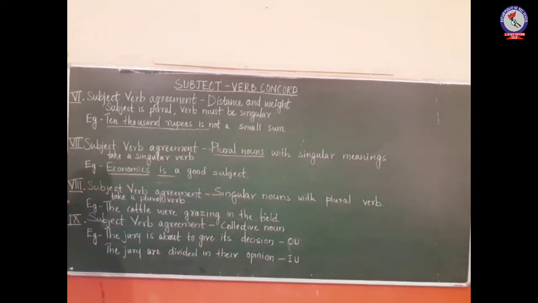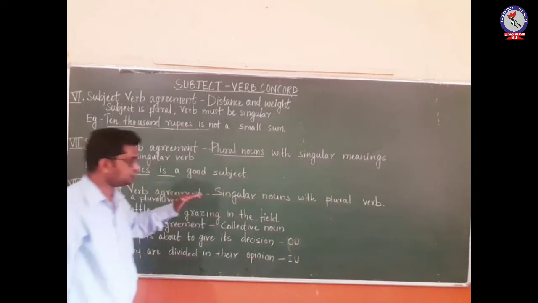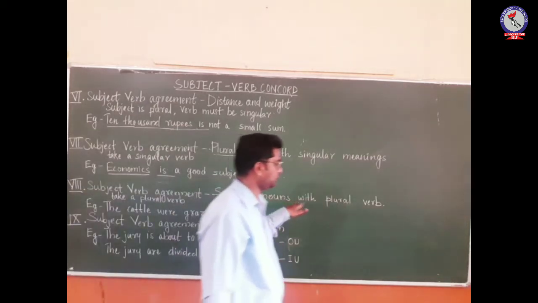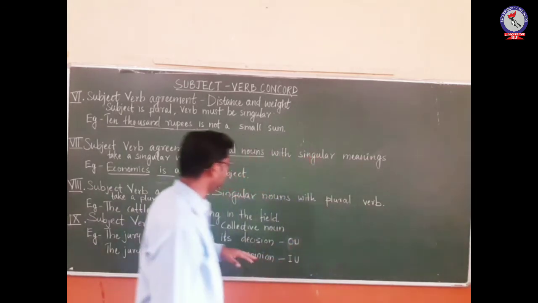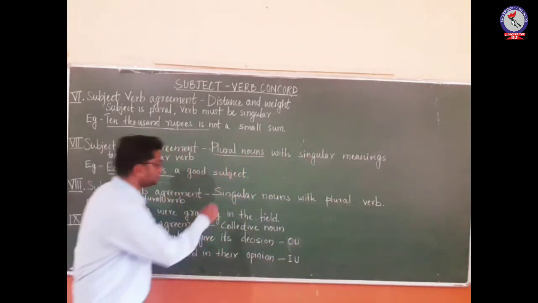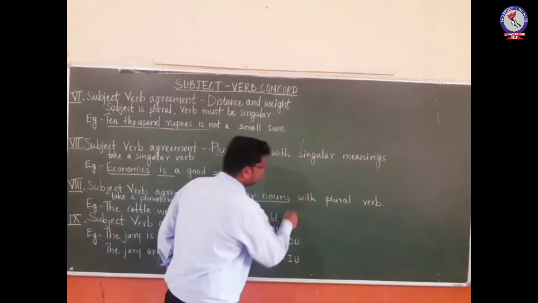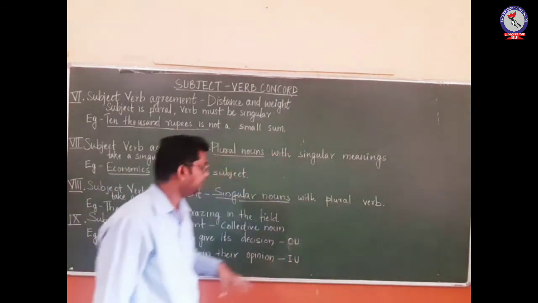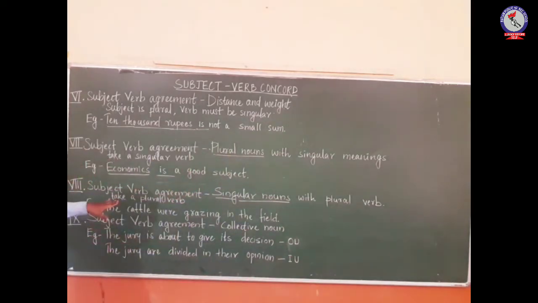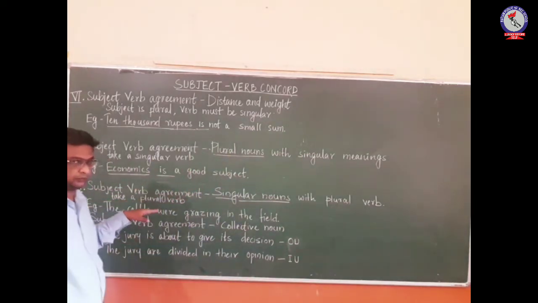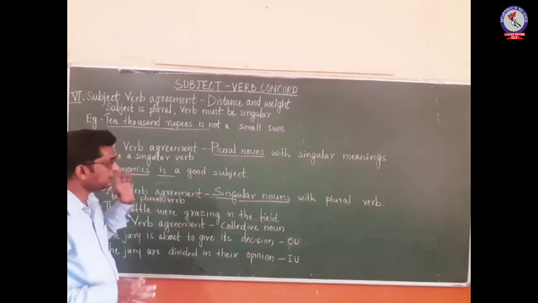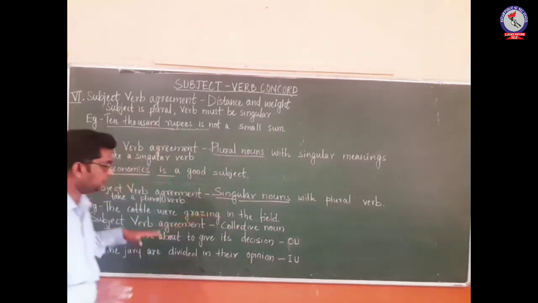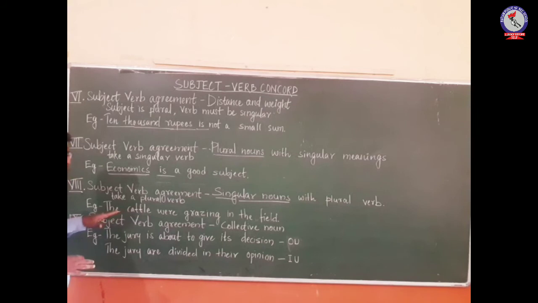Now see the next, subject-verb agreement in singular nouns with plural verb. Now you see here, the noun is singular, but the verb will be plural. In that condition, when the noun is singular, it will take a plural verb.